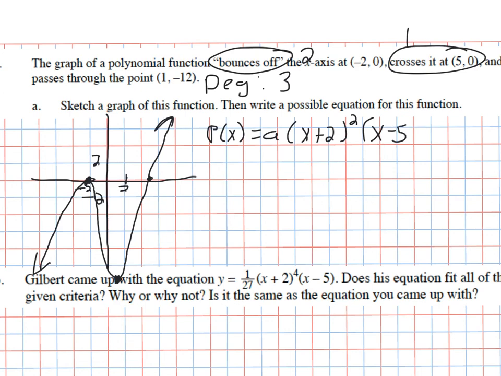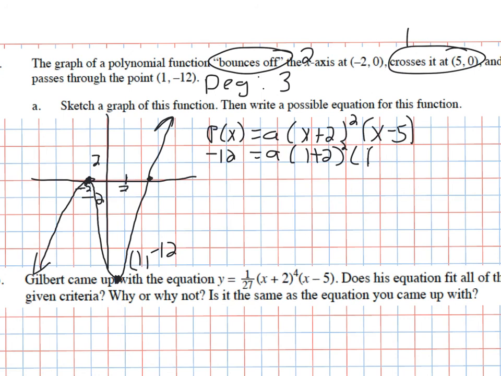My a value can be found by using that point, positive 1, negative 12. Y is negative 12.